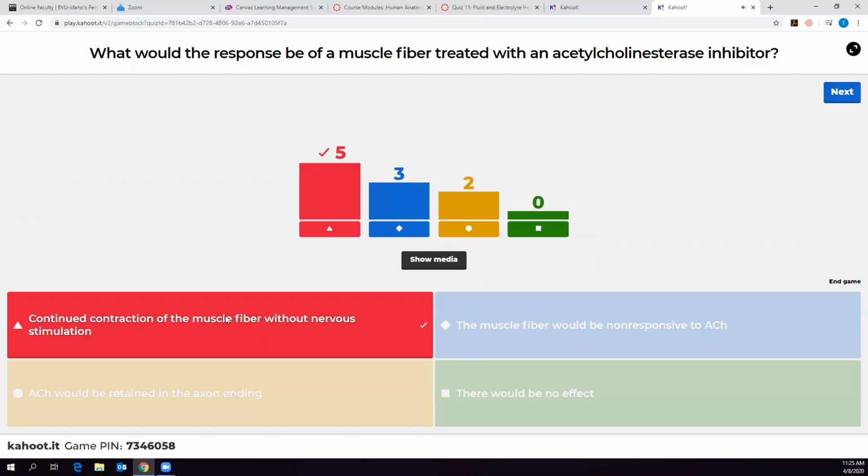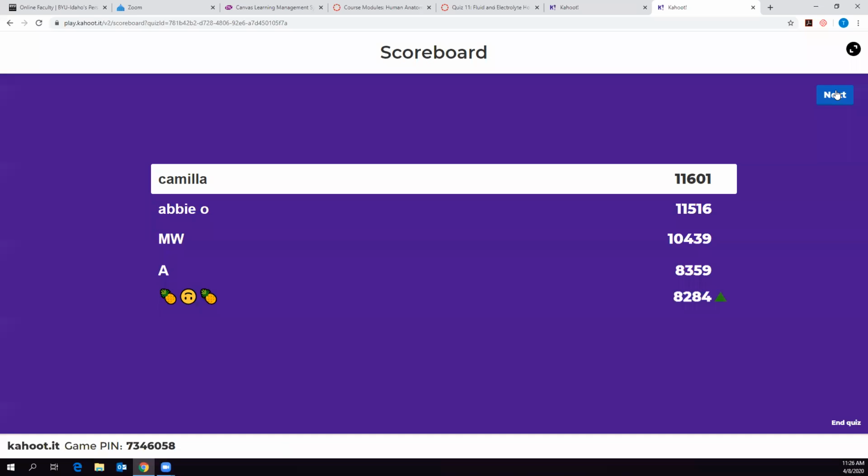That's right, because acetylcholine has to be removed from the receptors, and if you kept the acetylcholine there, then you would continue to contract. So we have to get rid of the acetylcholine, and acetylcholinesterase is the thing that does that, breaks up the acetylcholine. Good.